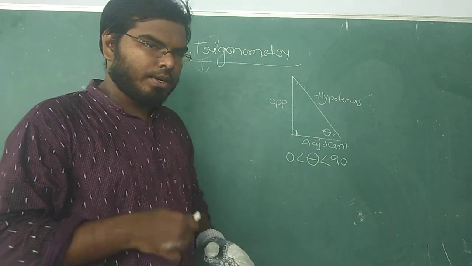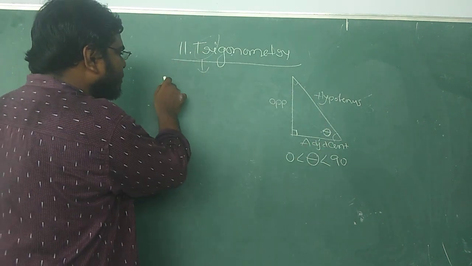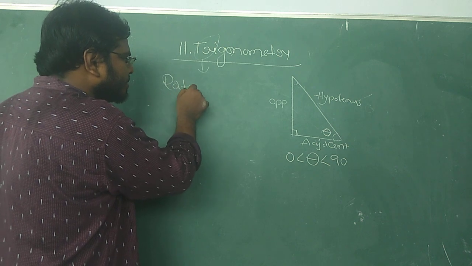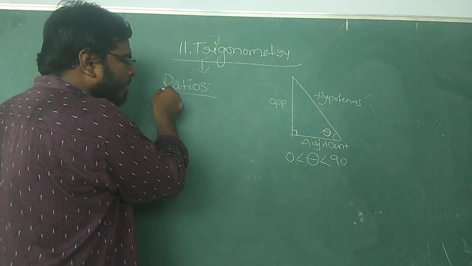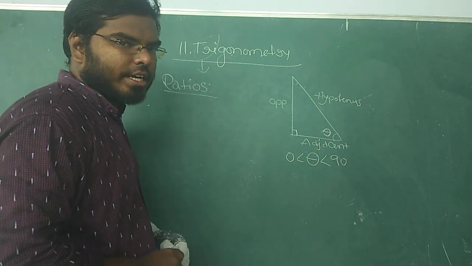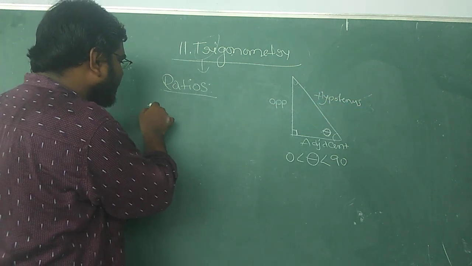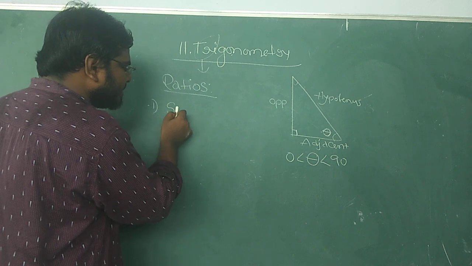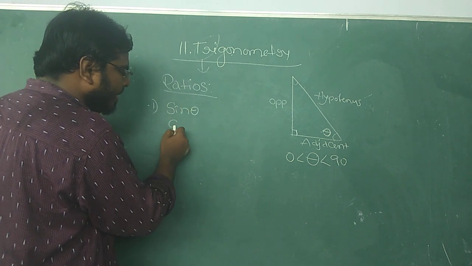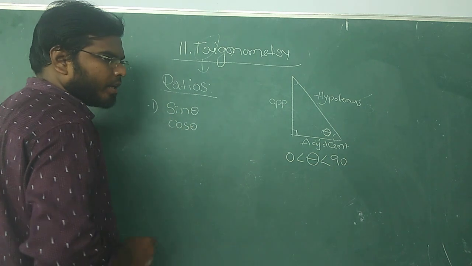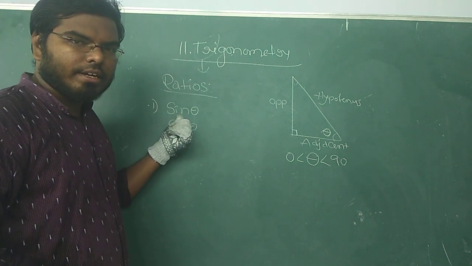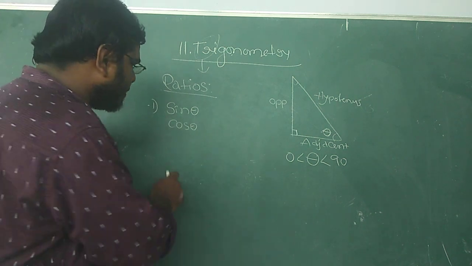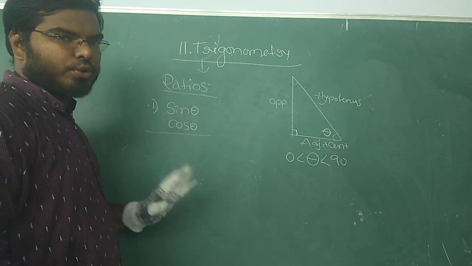Is it clear? Okay. Now in this trigonometry we are talking about some ratios. The ratios are: first is sin theta and cos theta, that is the first group.